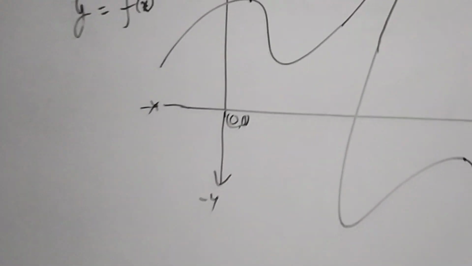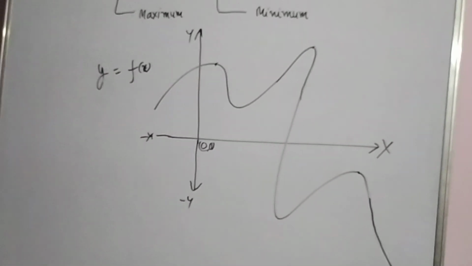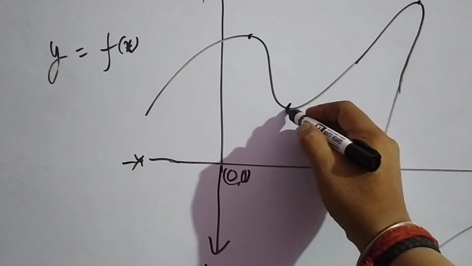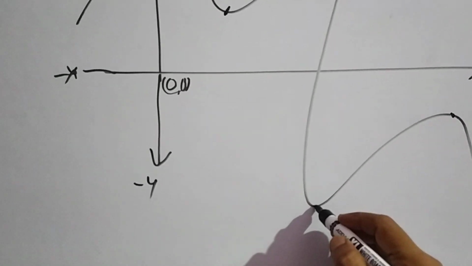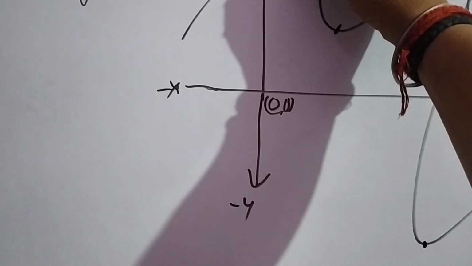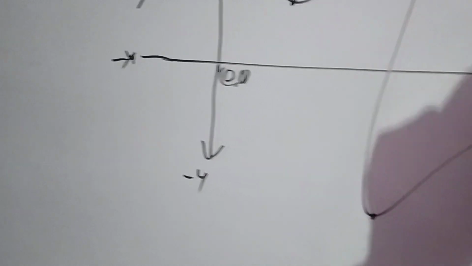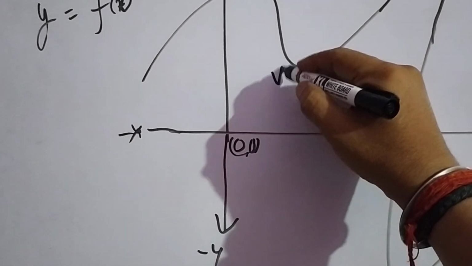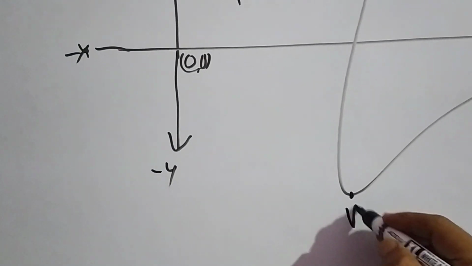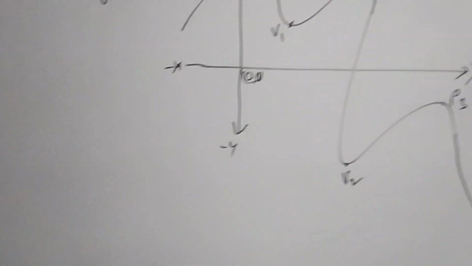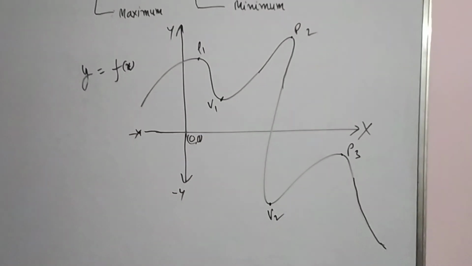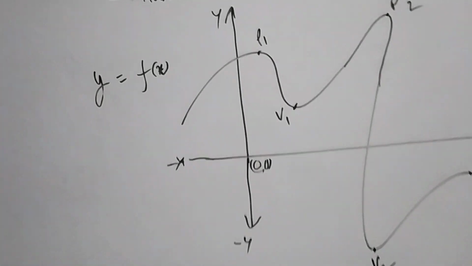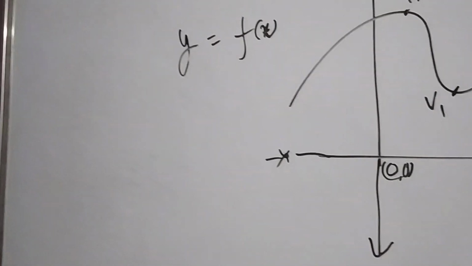Peak means just like in mountains, some peaks are there and some valleys are there. This is a valley, here is also a valley. So you can say peaks P1, P2, P3, and valleys, just to understand, don't get confused. Now what do P1, P2, P3 signify, and maxima and minima?